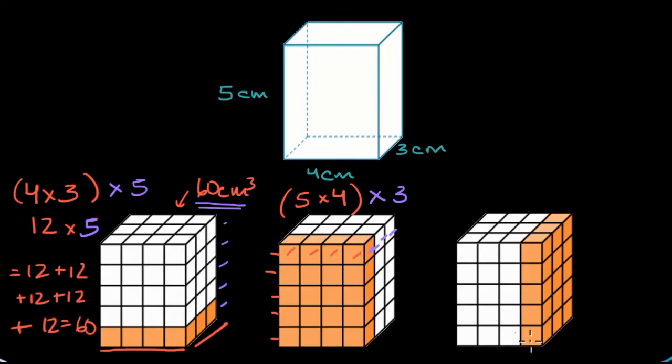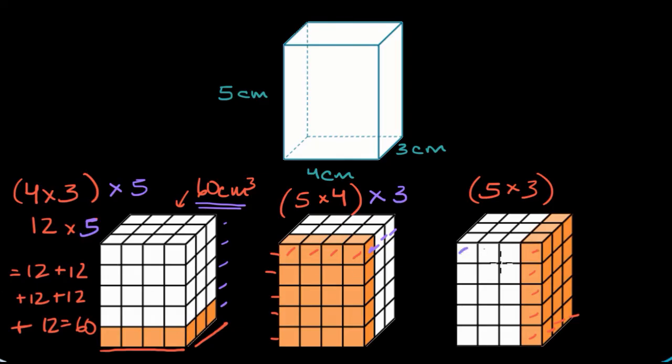Now you could imagine where this last way of thinking about it could go. We could just think about how many cubes are in this right wall. We can see that it is 1, 2, 3, 4, 5 high, and it is 1, 2, 3 deep. So in this last diagram, you have 5 times 3, which is 15 cubes. And then how many of these walls do you have?